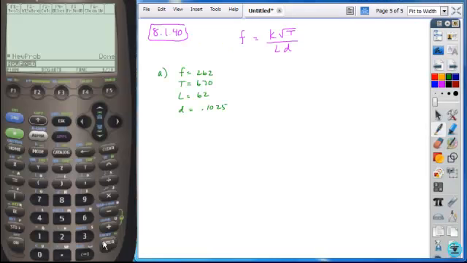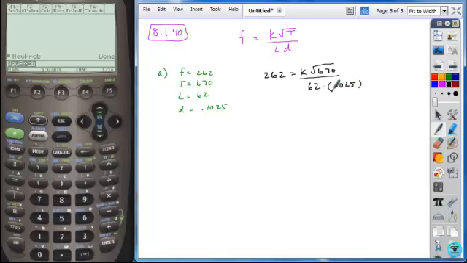If we calculate this, we can solve for K by plugging in the known values. So F is equal to K times the square root of 670 all over 62 times 0.1025.